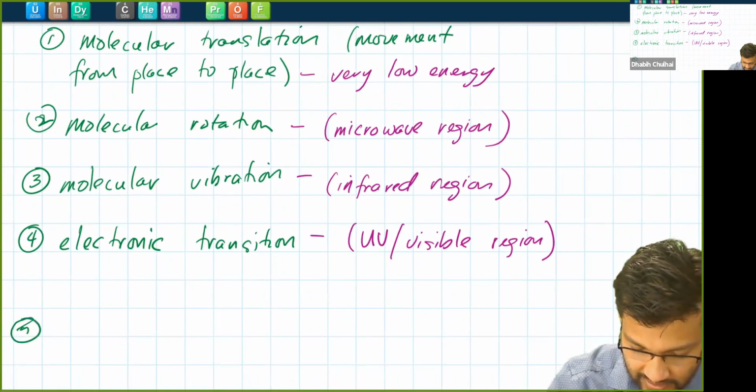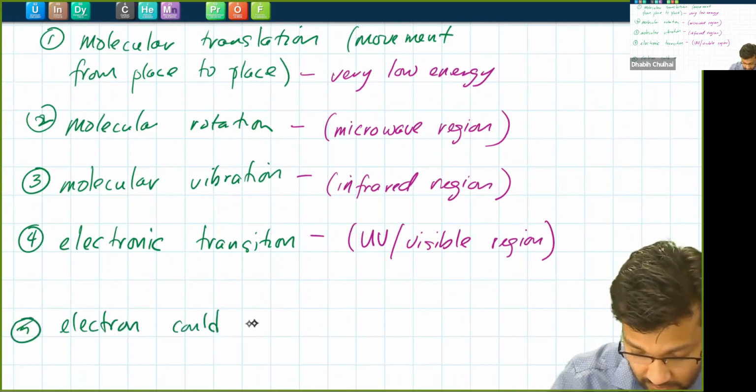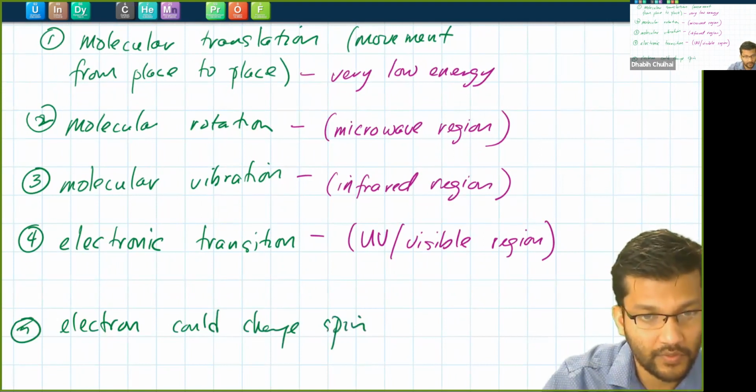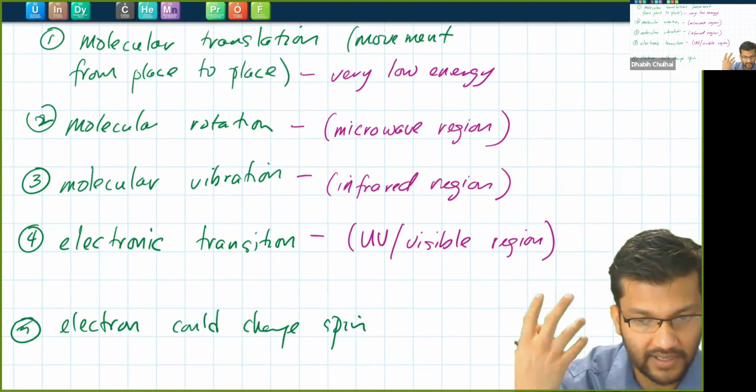So let's say the electron could change spin. That's another change that could happen. We know that electrons have a spin, alpha or beta, and you could change that spin.